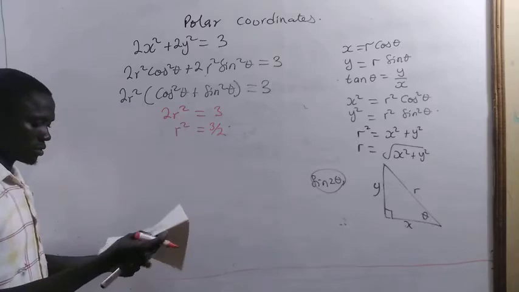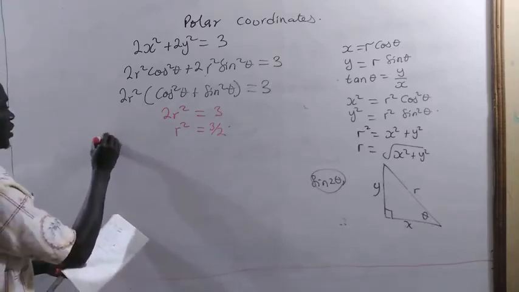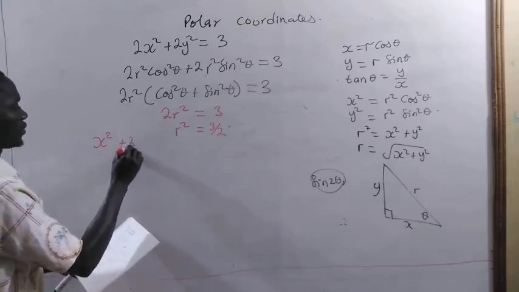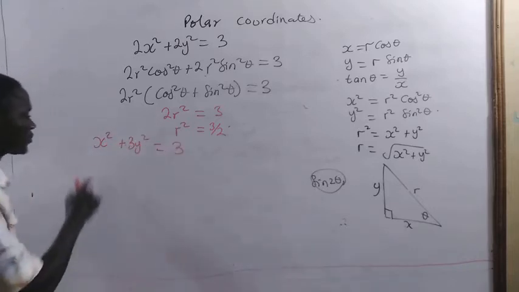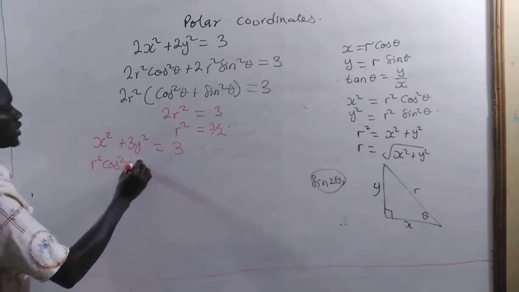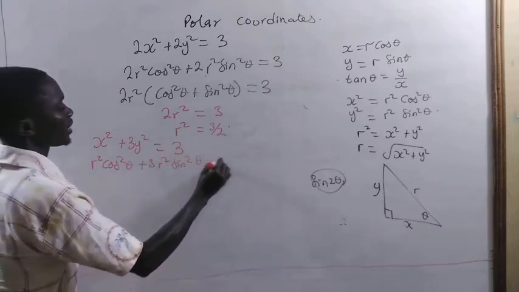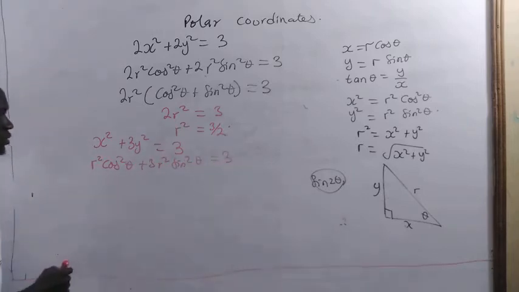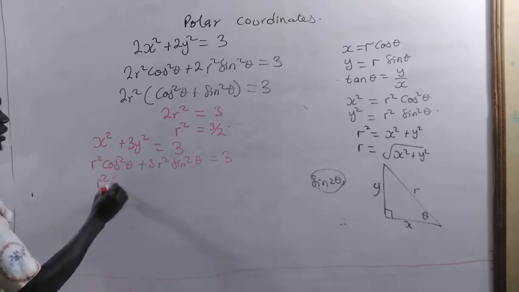Now, how do we do this one? We have x squared plus 3y squared equal to 3. This one gives us r squared times cosine square theta plus 3 times r squared sine square theta equal to 3. Now, r squared is here, r squared is here, so we take r squared out.